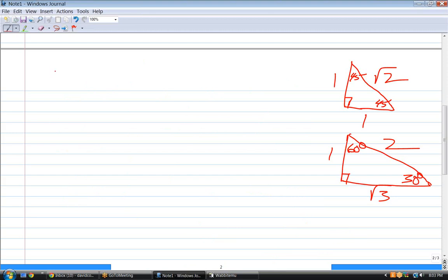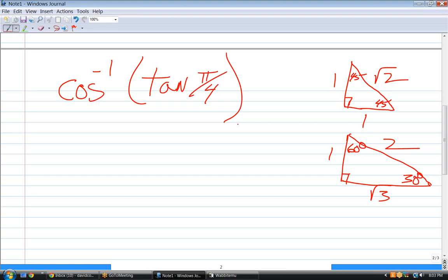So this is the inverse cosine of tangent pi over 4. Now, let me go back and clarify something. I said we take trig functions of angles to get numbers, and we take inverse trig functions of numbers to get angles. Well, that's only when we're talking degrees. Radians are actually numbers, they're not angles.